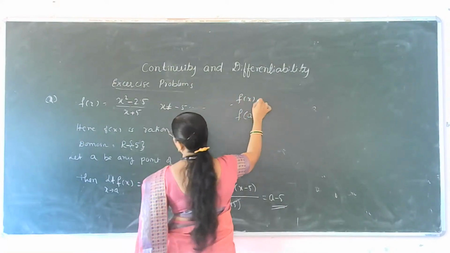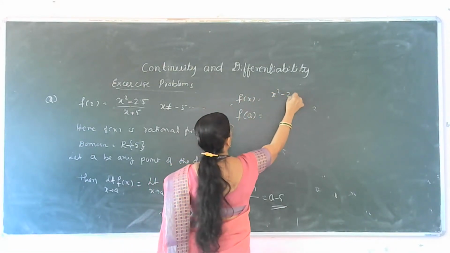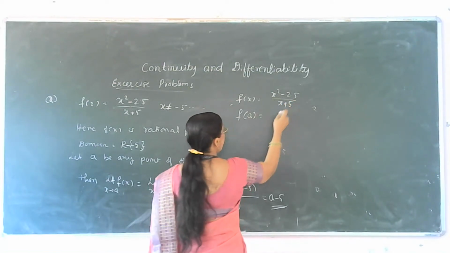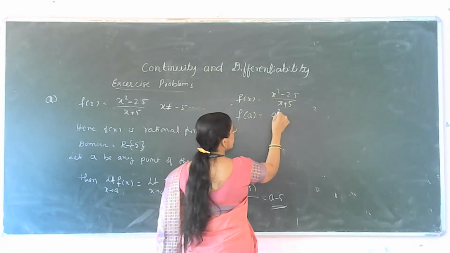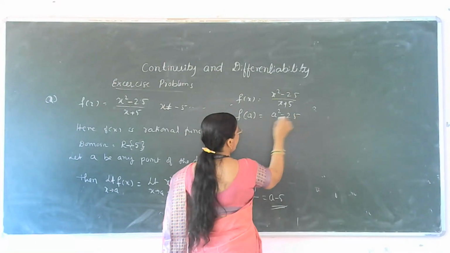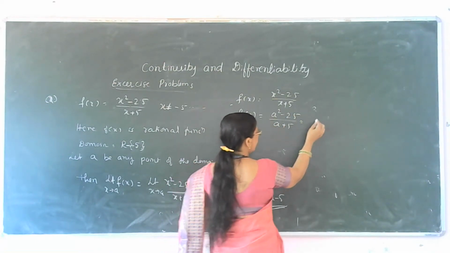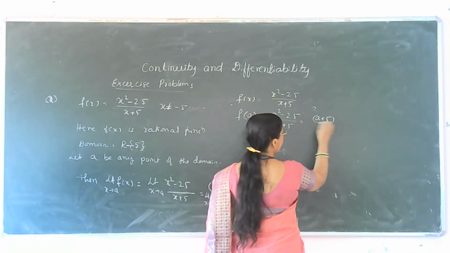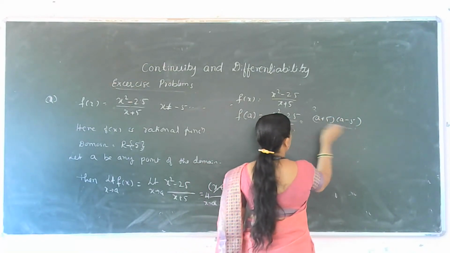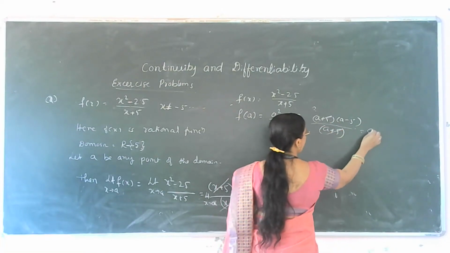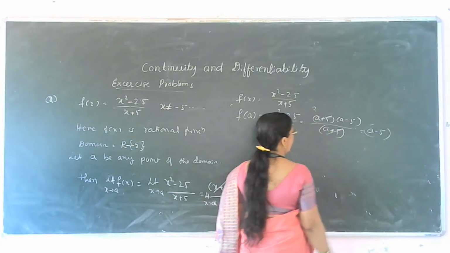Now we can put the value a in f of a. f of x equal to x square minus 25 divided by x plus 5. Here also we put a square minus 25 divided by a plus 5. We get a plus 5 and a minus 5. Again a plus 5 gets cancelled, and you get the value a minus 5.